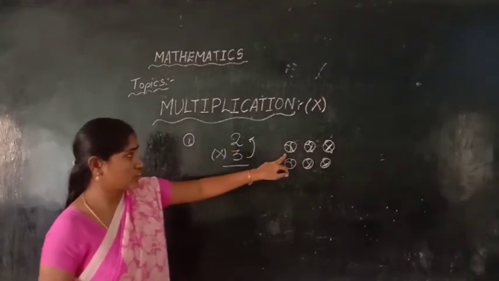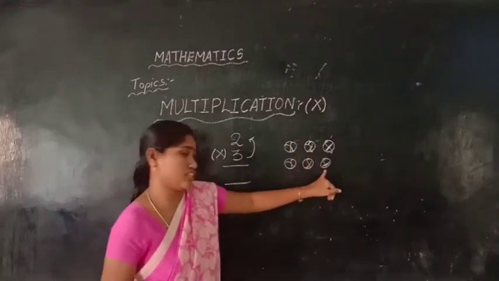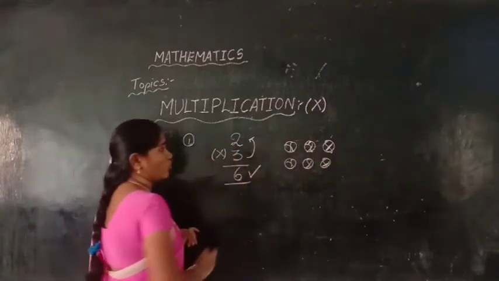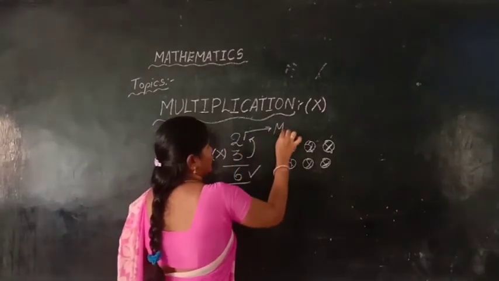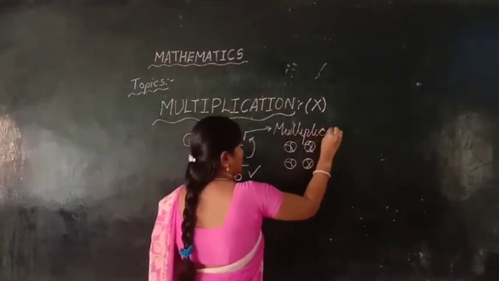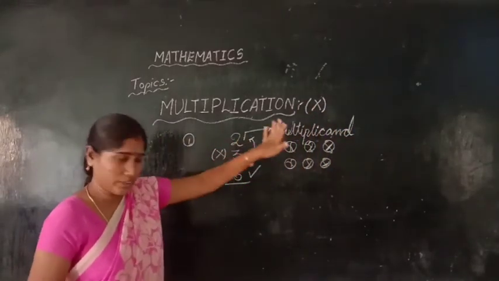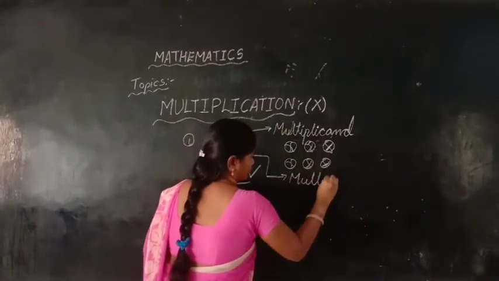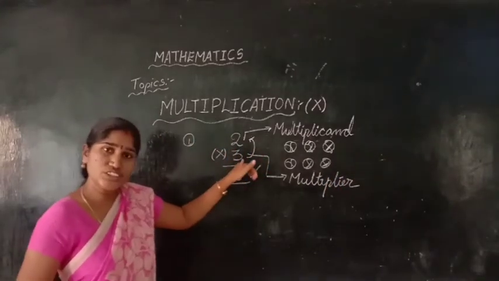Now shall we count the total balls? How many? 1, 2, 3, 4, 5, 6. That means 2 into 3 equals 6. Okay. Here 2 is multiplicand and 3 is multiplier.